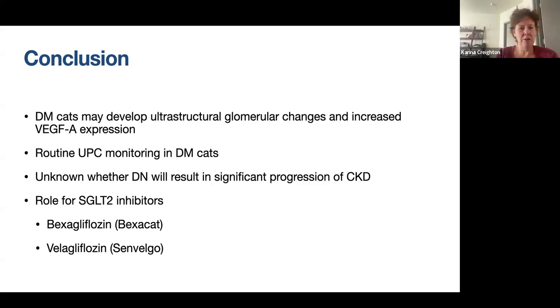In North America, we do have 2 SGLT2 inhibitors available, Bexacat and Senvelgo. Bexacat is a tablet. Senvelgo is a liquid. I don't have experience of using these in cats, mainly because, as I said, I was previously a criticalist, so when I saw diabetic patients, they all had DKA.